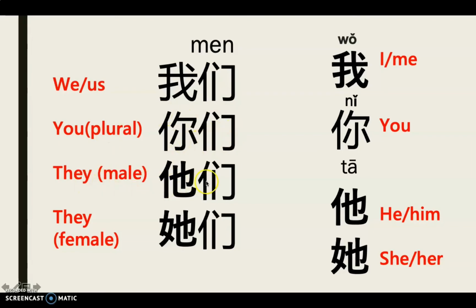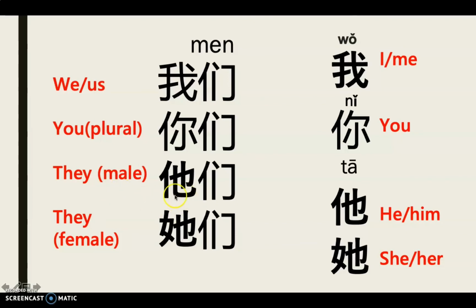So it's quite easy to understand 我们 as in we or us, and then 你们 like you guys. What about 他们? They're the same. In speaking again, 他们 means they. It's the same 他们.